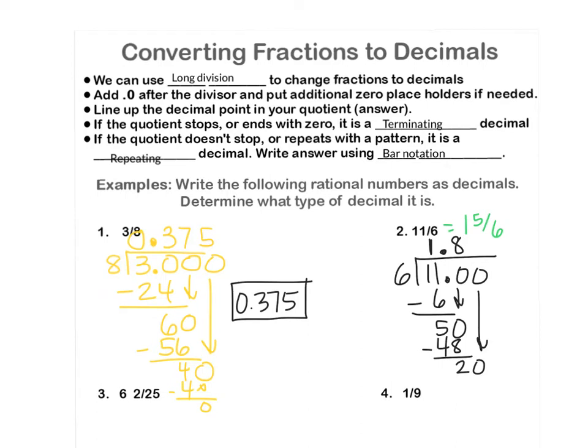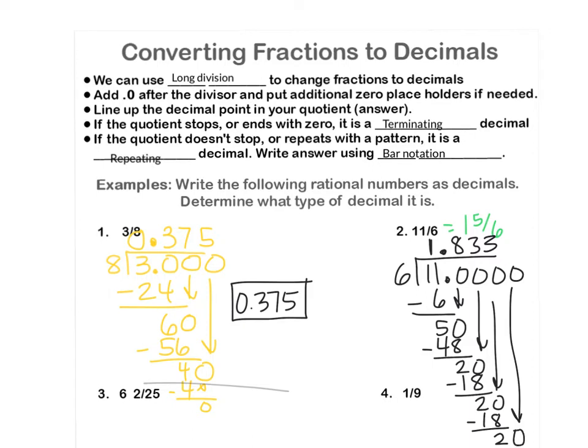6 goes into 20 3 times. 3 times 6 is 18. Subtract and get 2. Bring down a 0. 6 goes into 20 3 times. 3 times 6 is 18. Subtract and get 2. Tack on a 0.